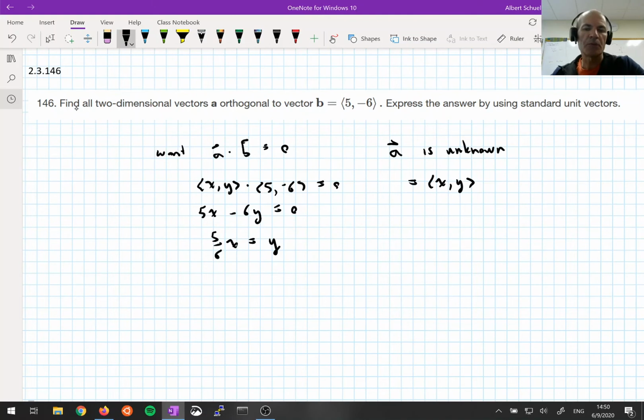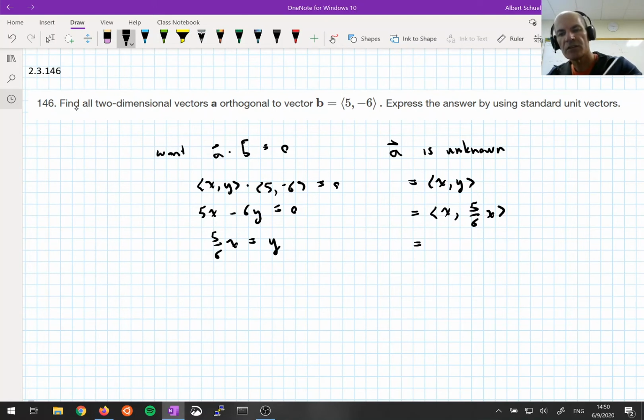What did I do there? I just moved 6y over to the right-hand side, divided by 6, and I get y is equal to 5x over 6, or 5/6 x. It says find all two-dimensional vectors A that are orthogonal to B. All right, well, if x is just x, we know that y is equal to 5/6 x, and this is the generic form of such a vector.